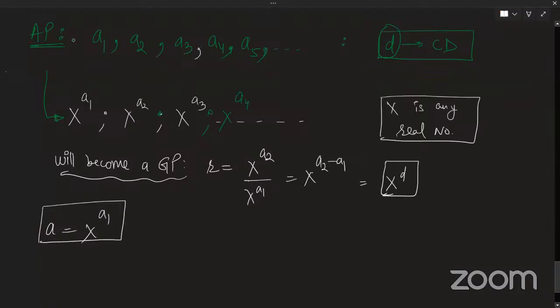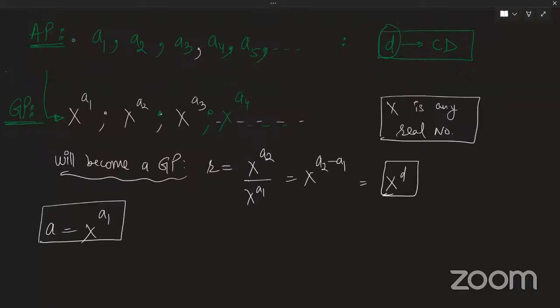My x is any real number, okay? So this sequence will become a GP. And the common ratio of my GP is x raised to A2 divided by x raised to A1.